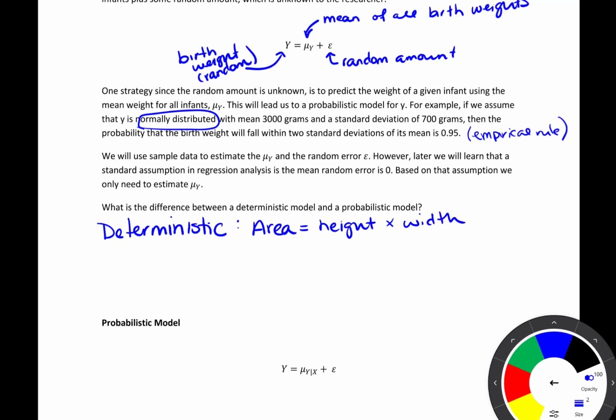If I tell you the height and the width of a rectangle, you automatically know the area. There are not different potential areas for different heights and widths. So this is what we call a deterministic model. Notice that all of the components here are fixed. Nothing here is random. Whereas in a probabilistic model, we're going to have a random component.